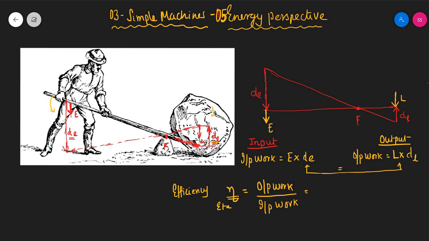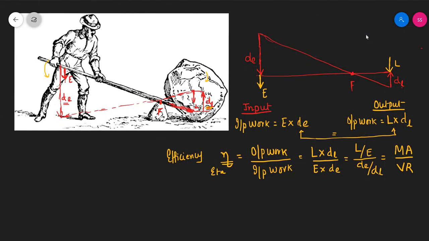So your output work is nothing but your load into the distance moved by the load arm, divided by effort into the distance moved by the effort arm. This whole thing can be rewritten as L by E divided by dE by dL. And this is nothing but your mechanical advantage divided by the velocity ratio. So you can say the efficiency of this lever is MA by VR.